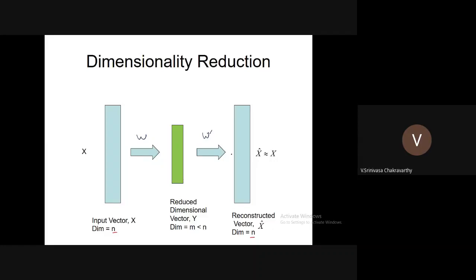So I'll present a very simple method based on neural networks in this class. Then we'll continue this in the next class. The simplest method, which we can easily understand with all the background that we have gained so far, is what is called an autoencoder. If you look at this picture, it almost looks like a neural network, an MLP with a single hidden layer.